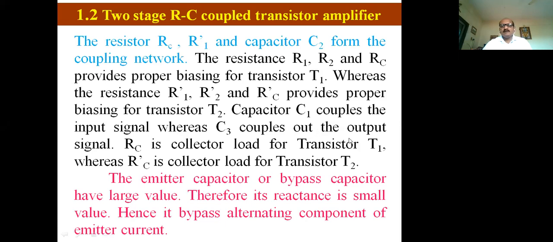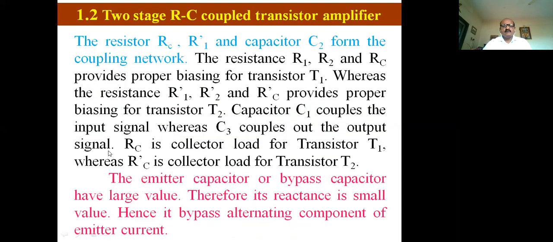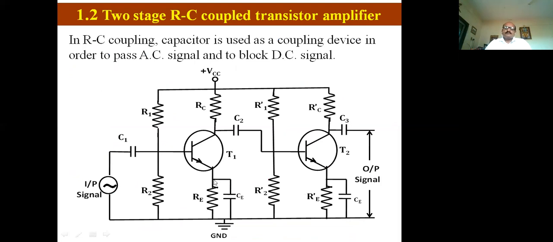Here we explain the circuit operation, advantages and disadvantages. Resistances R1, R2 and RE: you know that R1 and R2 are the voltage divider resistances that provide proper bias for transistor T1. RE is the emitter resistance that provides stabilization of the operating point for transistor T1. RC is the collector resistance.